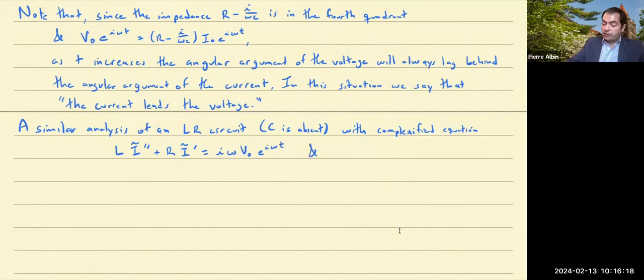And so you would guess as your particular solution I naught times e to the I omega t. So this leads to V naught equals R plus I omega L times I naught.